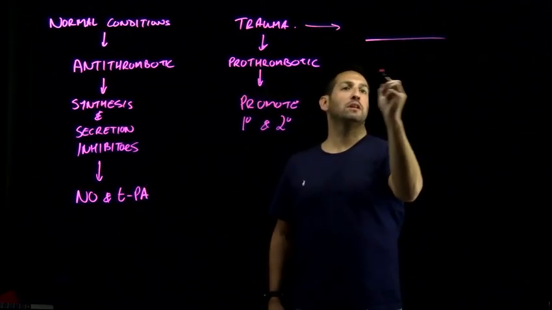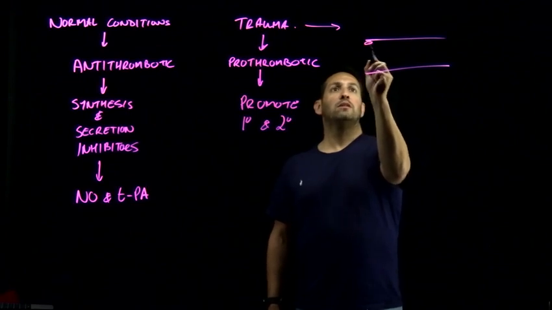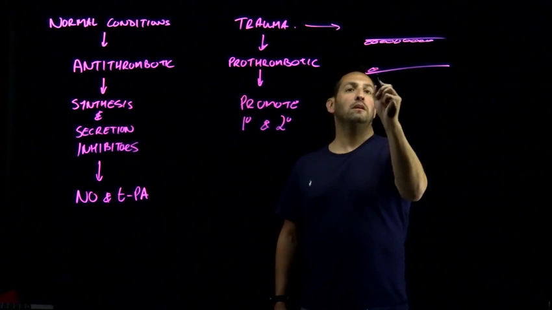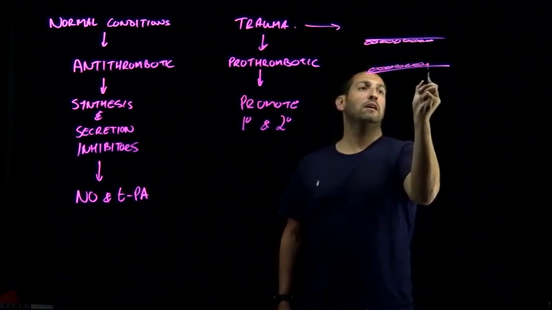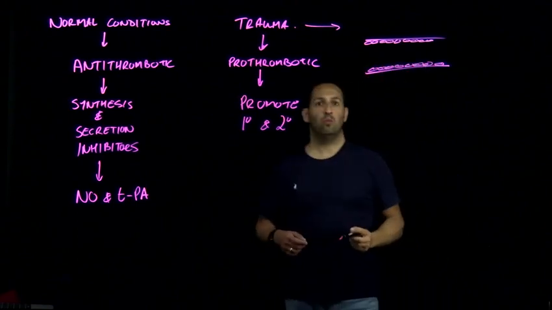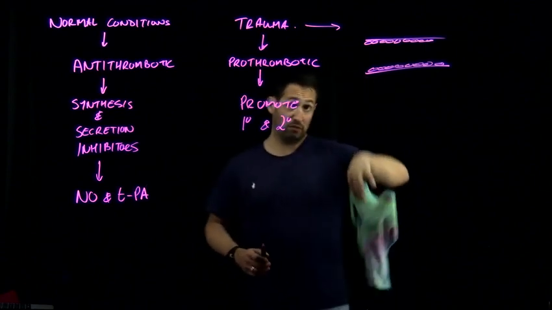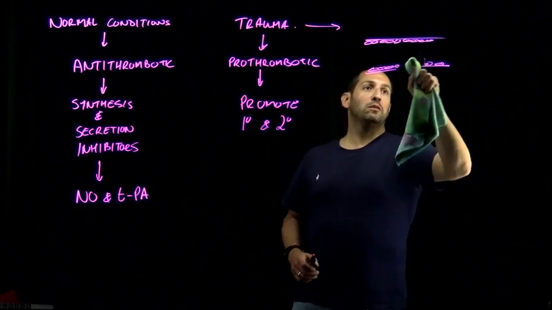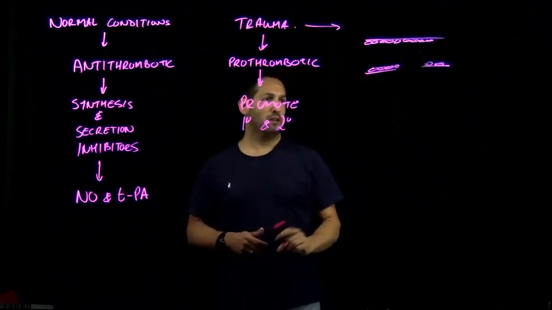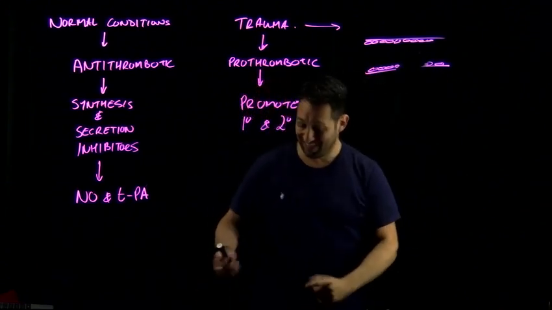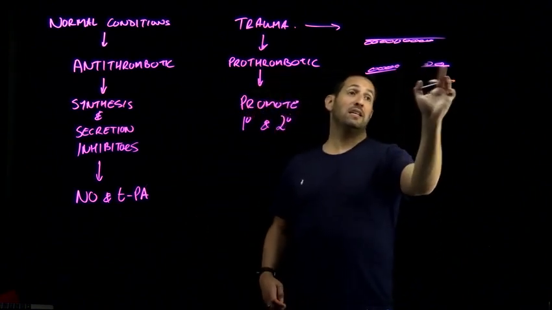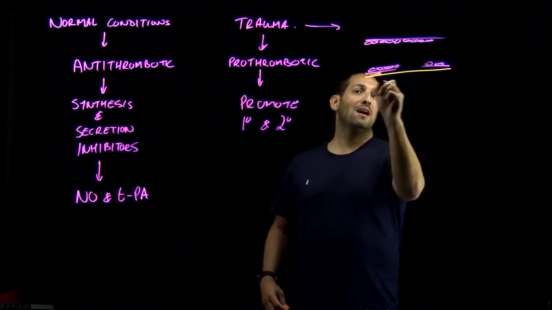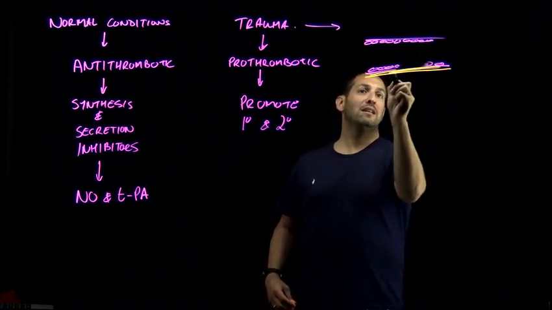Now it does that because when we get this trauma, if we just do a very basic blood vessel like this, okay, the endothelium there, what happens when we have trauma to our vessel is, I'll just pretend that this is going to be doing our trauma, that we get a break in the vessel. And what that does is it exposes all of that tissue that was underneath the endothelium.